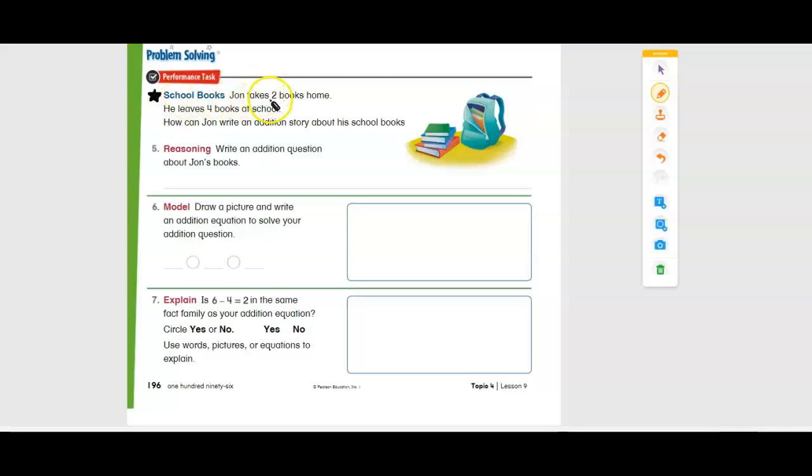So if John takes 2 books home and he leaves 4 books at school, if they are wanting John to write an addition story about his school books, what could he do with these 2 numbers?